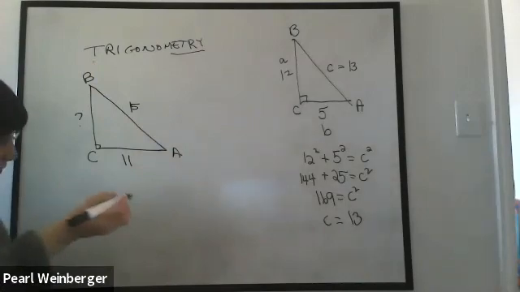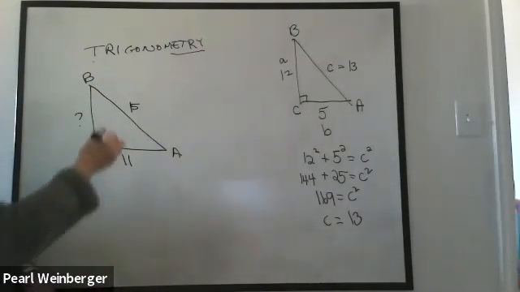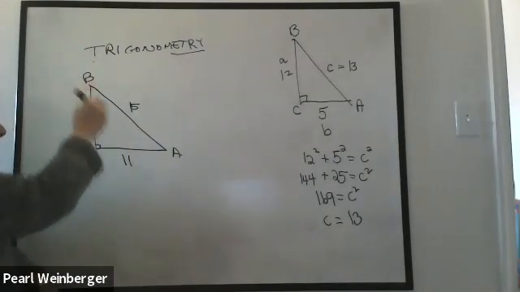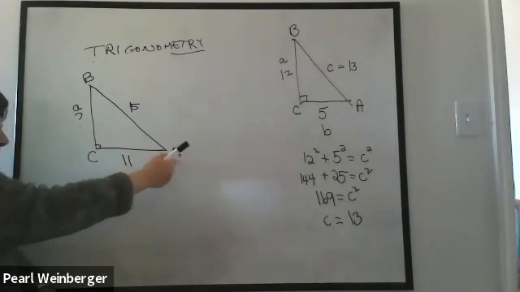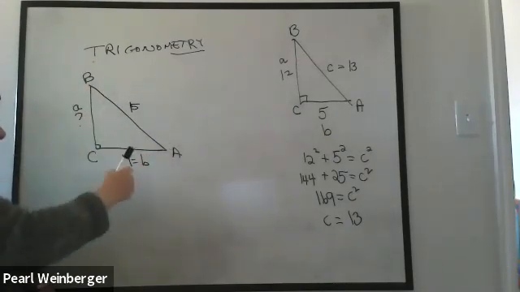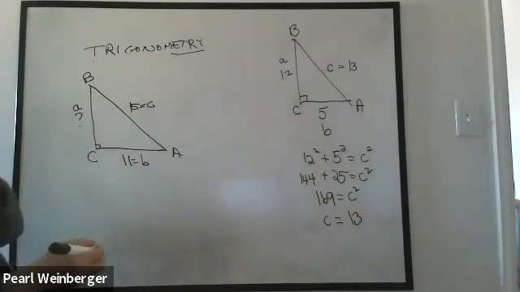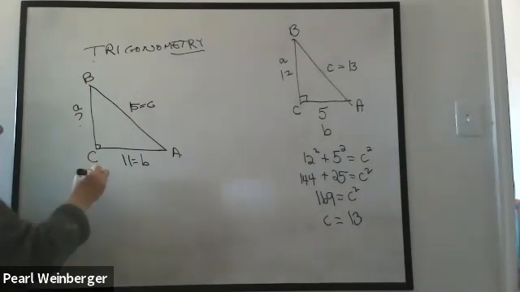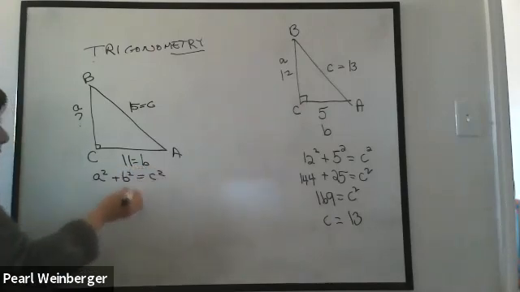You don't have to do it this way. This is the standard way that I usually do it. And using the lowercase letters, this is my small a because it's opposite of capital A. This is my small b because it's opposite the capital B. And this is my small c, my lowercase c. And remember that a squared plus b squared equals c squared.